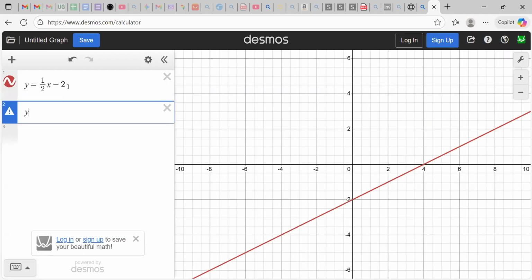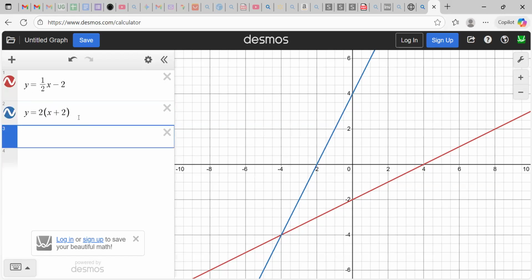Remember, I have to use y, right? I can't use inverse. So what will this be? 2 brackets. Right? So this is the inverse. Well, you can figure that out, right? This is the function, this is its inverse. And finally, we're going to put a line y equal x.